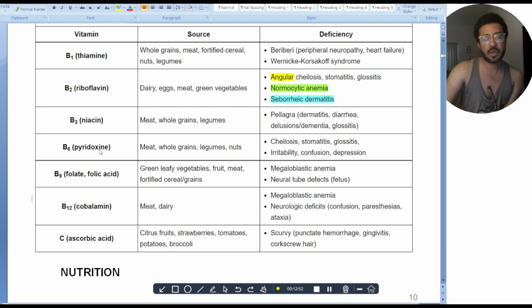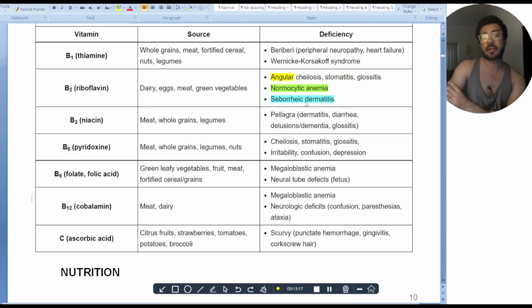So one more thing I need you guys to remember is that vitamin B2 and B6, 2 and 6, cause angular cheilosis. Both of these cause angular cheilosis, stomatitis and glossitis. So B2 and B6 have some overlapping symptoms such as angular cheilosis, stomatitis and glossitis.